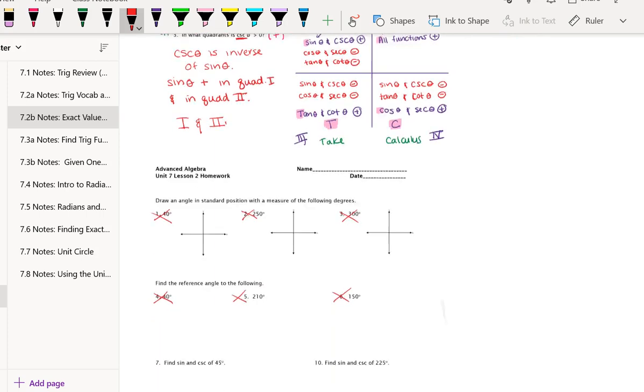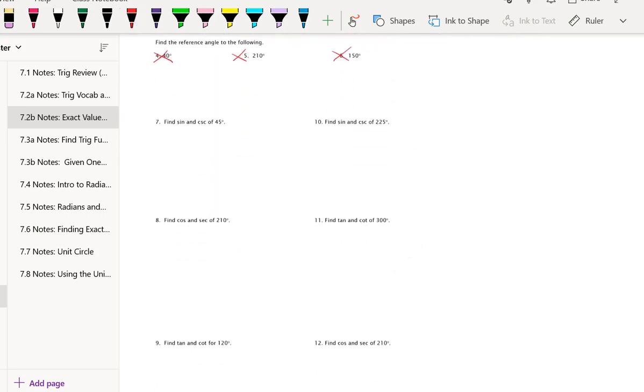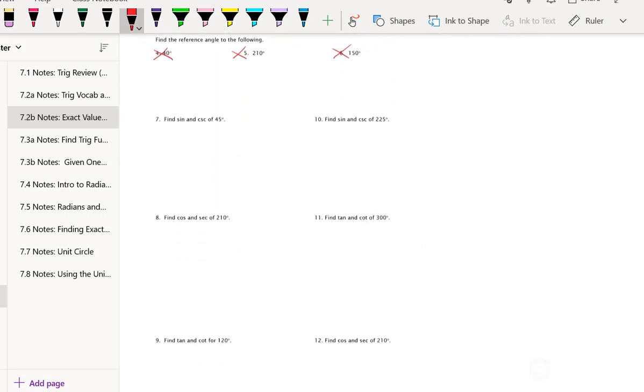Use your special right triangles to help you out. Remember, your special right triangles are the 30, 60, 90, where this is x, this is 2x, and this is x root 3. For the 45, 45, 90 triangle, this is x, and this is x root 2.